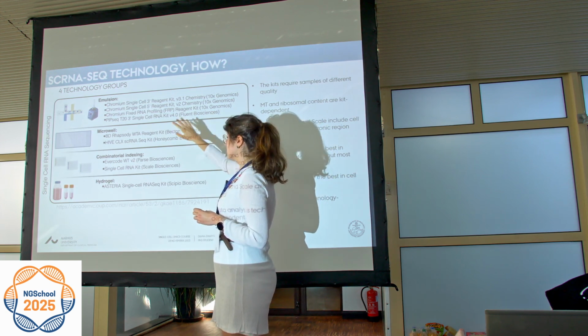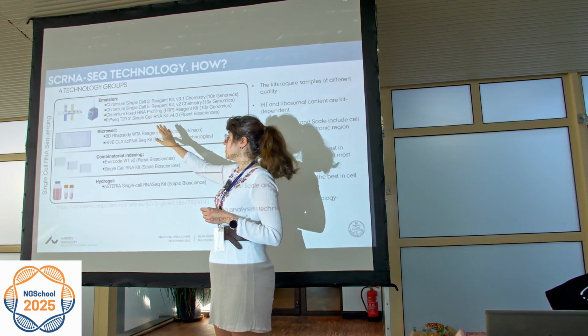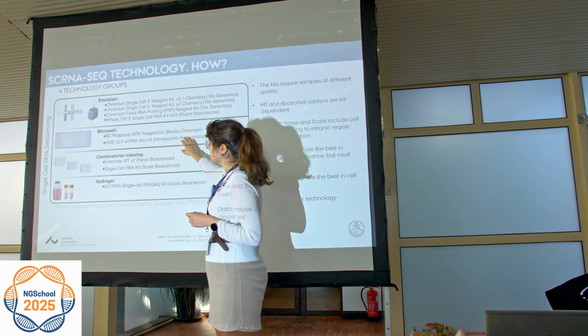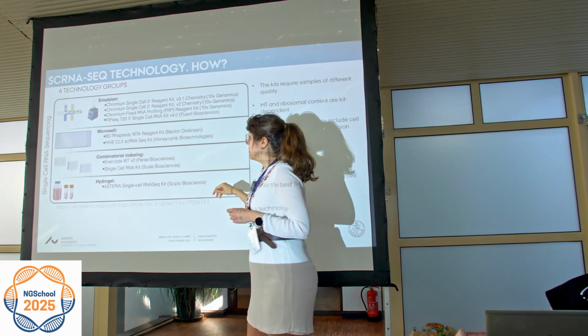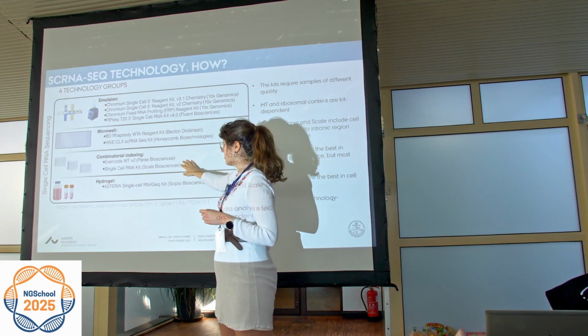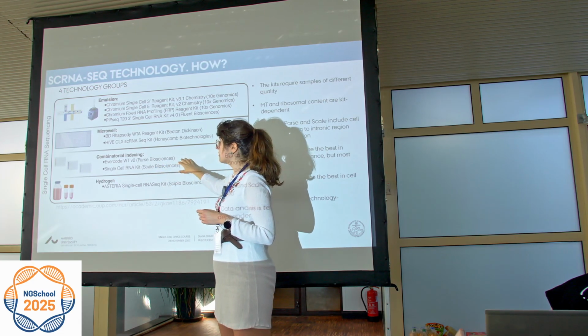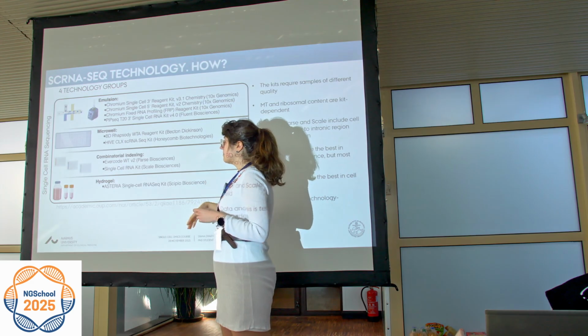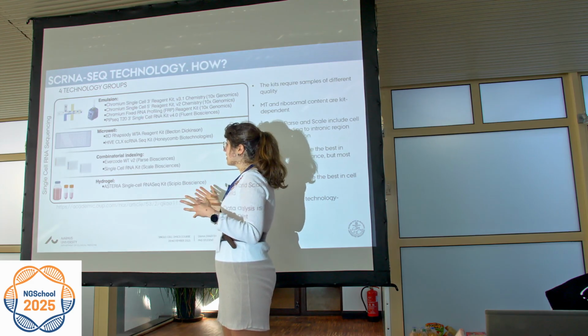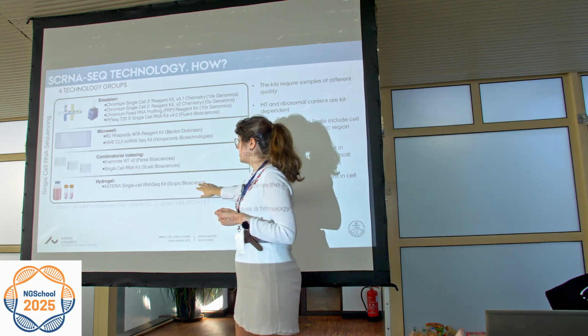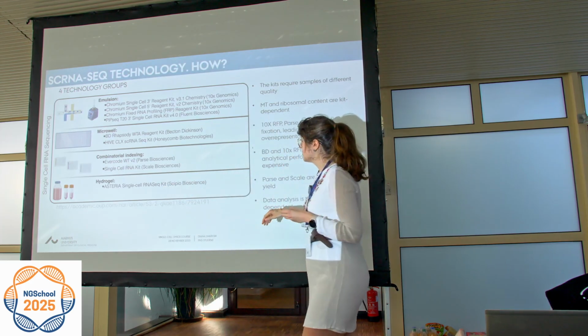We will be focusing on analysis of this type of data. Then also there is the microwell approach with Rhapsody. Then there is combinatorial indexing, quite an interesting idea, because it allows you to very cheaply get lots of cells sequenced. And this one is something really new, hydrogel based.